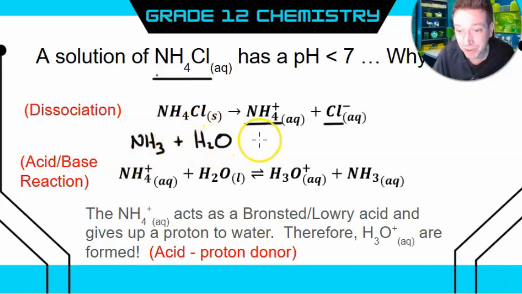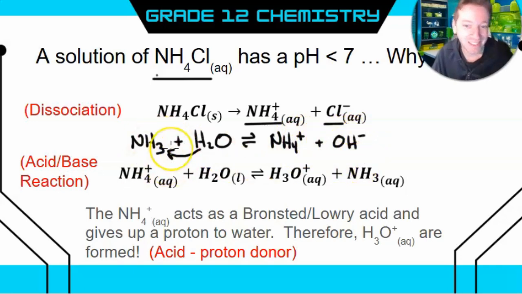So when it collides with a water molecule, a very small proportion of them will actually steal a proton, or accept a proton, to become our conjugate acid and hydroxide. But because this has a very low tendency to steal or accept a proton, or a hydrogen ion, its conjugate acid has a very high tendency to donate one.